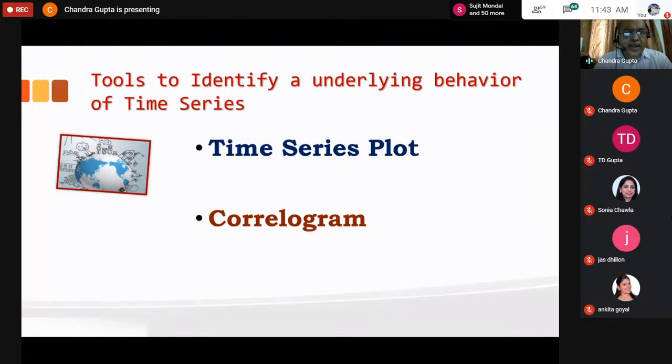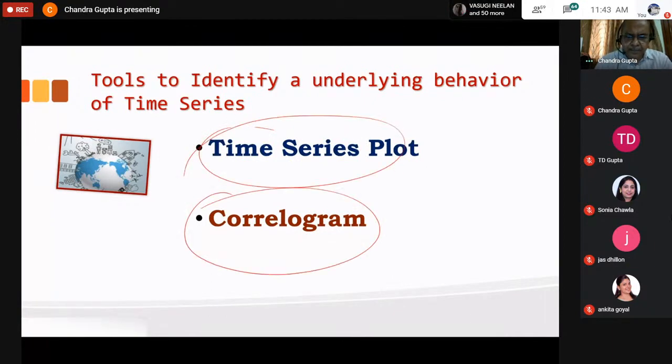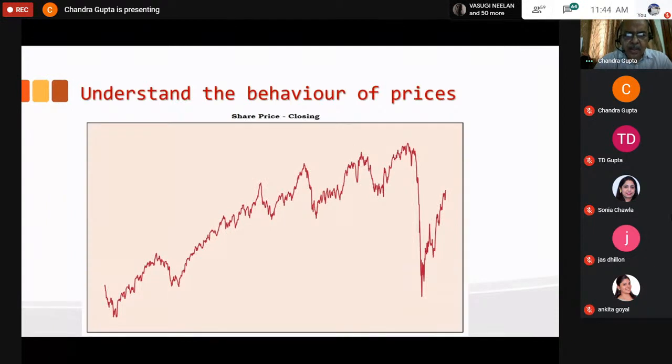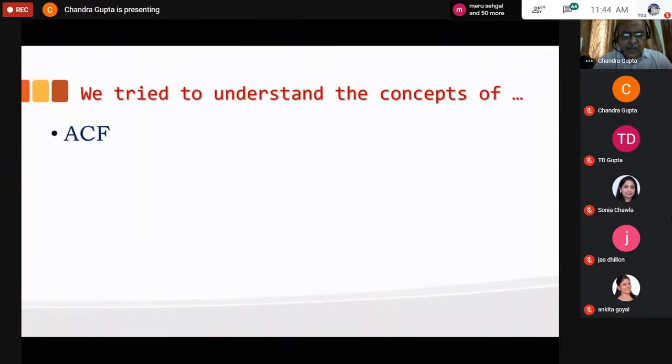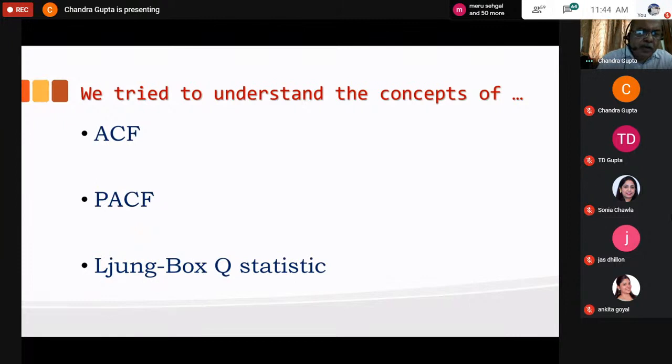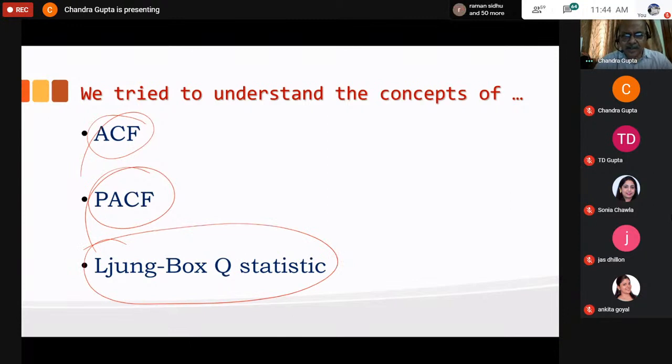We said that there are tools to identify the underlying behavior of the time series: the time series plot and the correlogram. That's an example of a time series plot, and that's an example of the correlogram. We tried to understand the concept of autocorrelation, partial autocorrelation, and the Ljung-Box Q statistic. Autocorrelation is the simple correlation between Y and its lag.